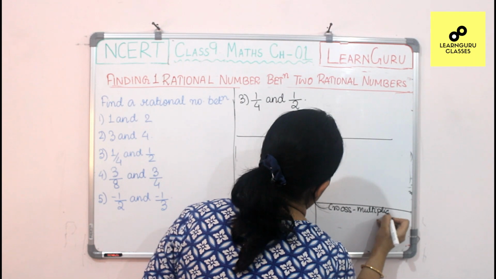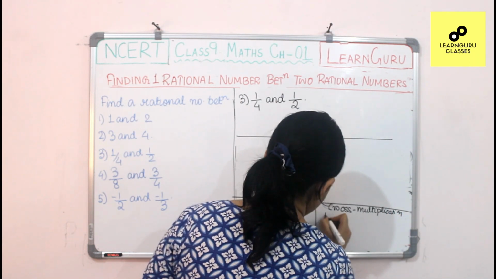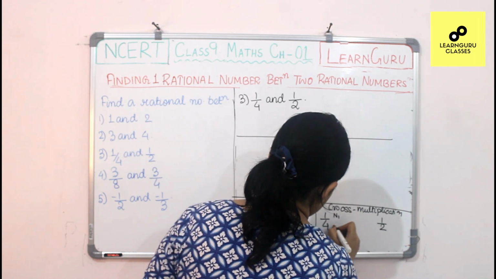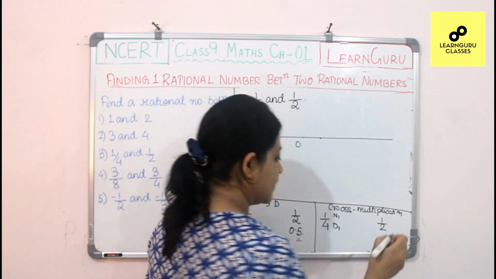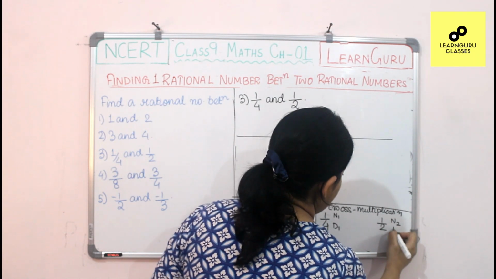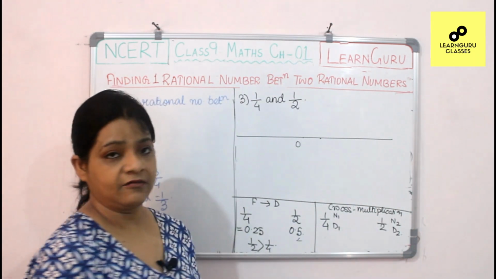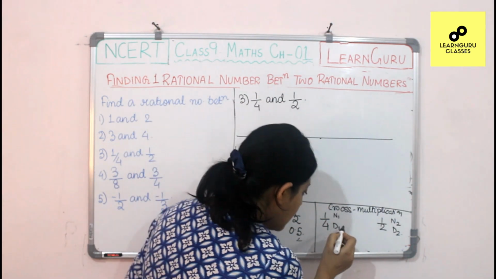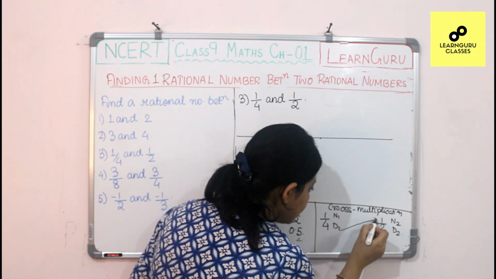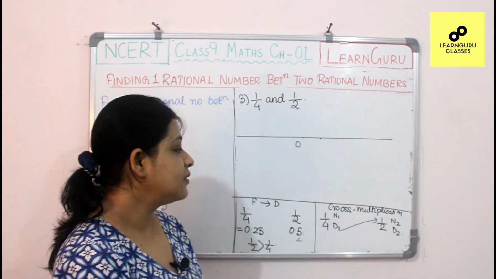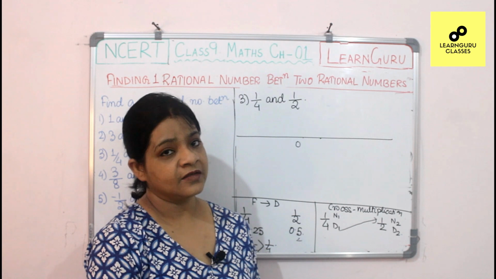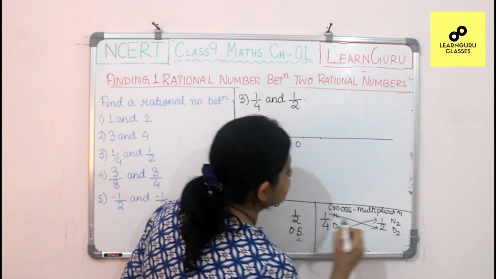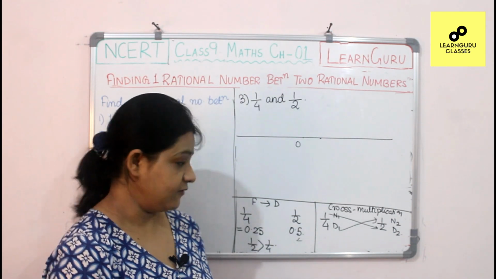Cross multiplication. That is, if it is 1 by 4 and 1 by 2, so this is the numerator, this is the denominator of the first fraction, and this is the numerator and the denominator of the second fraction. In cross multiplication, what happens? We will multiply the denominator of the first fraction with the numerator of the second fraction, and the numerator of the first fraction with the denominator of the second fraction.